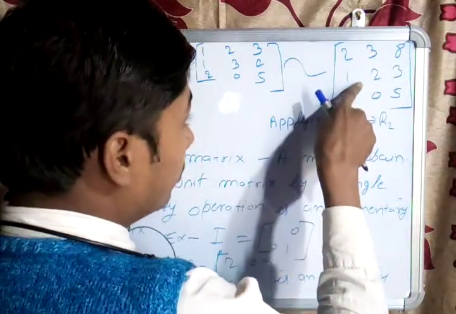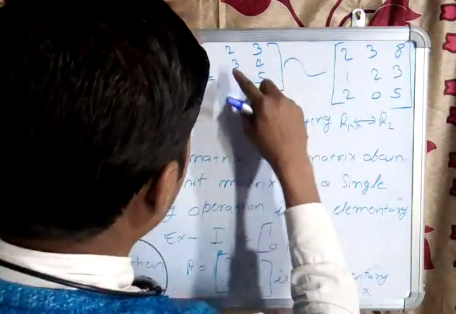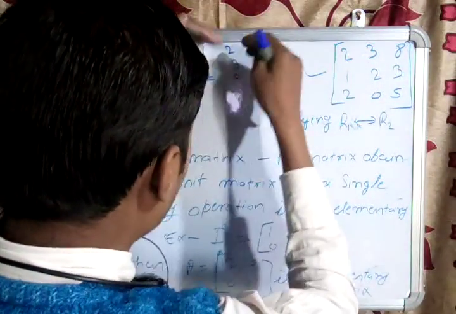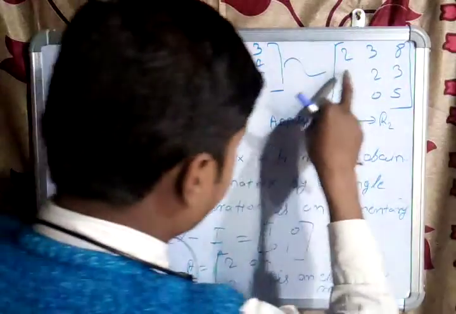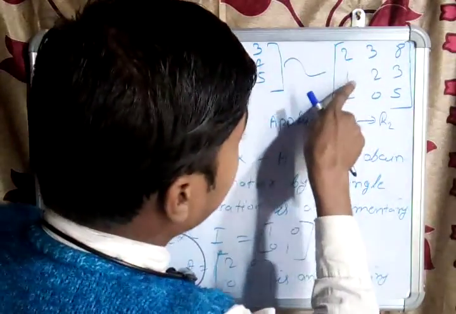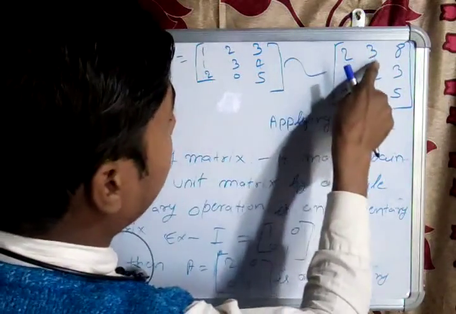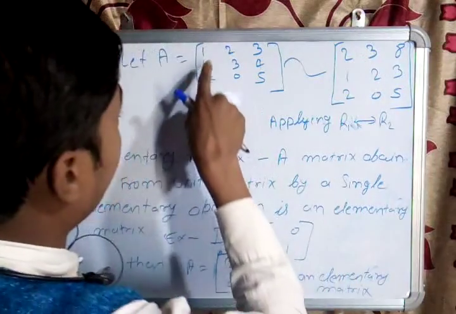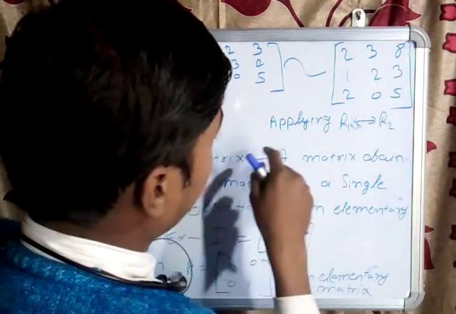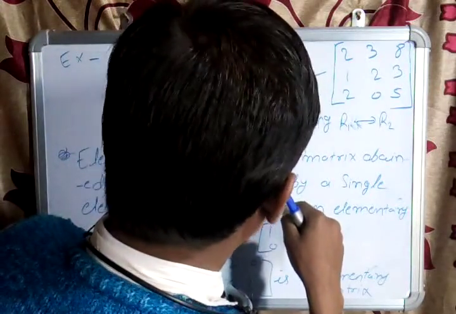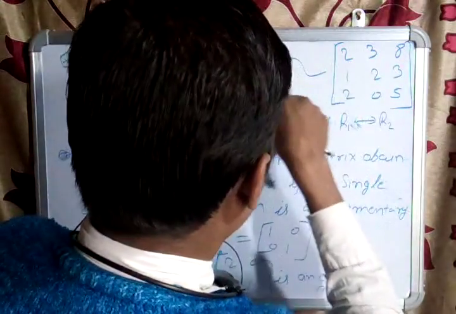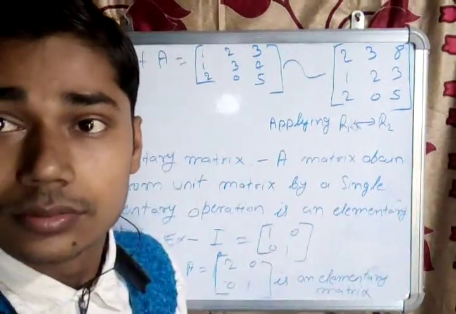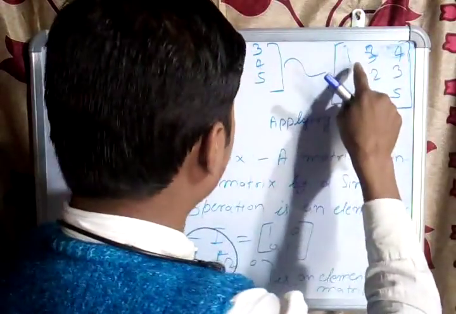Then we show interchange second row above and first row down. Sorry, mistake.